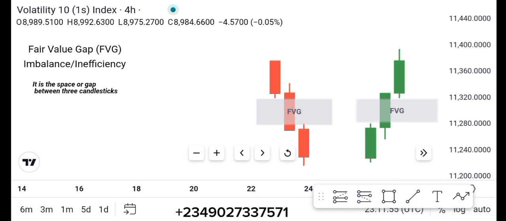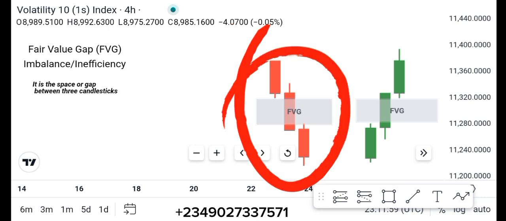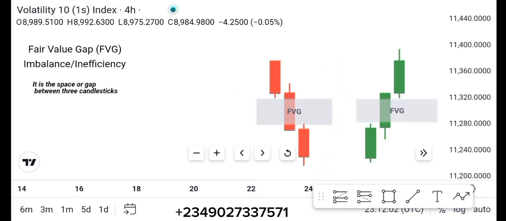You can spot this example here: these three bearish candles, the first candle, the second candle, and the third candle. There is space between these candles that I labeled fair value gap. That space is called a fair value gap.